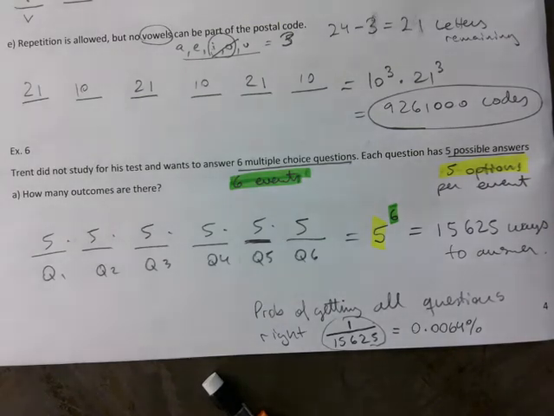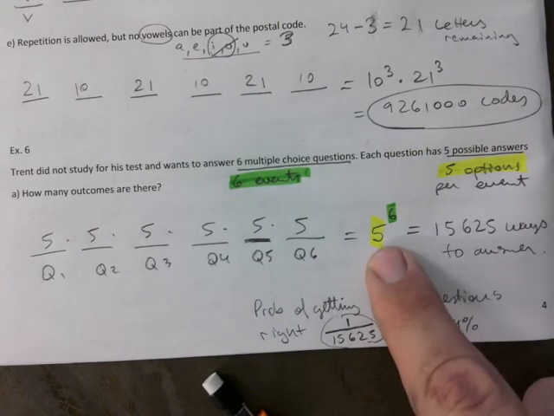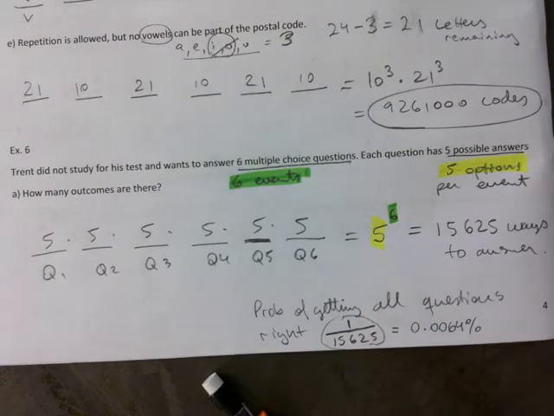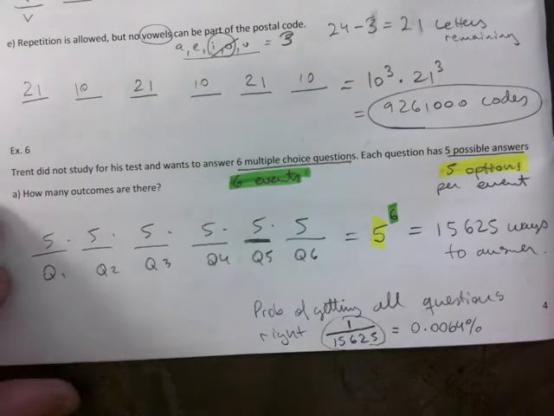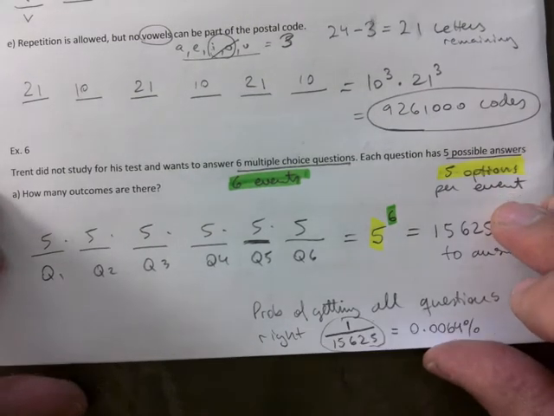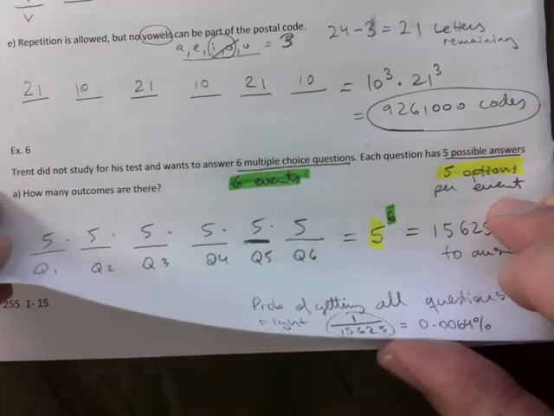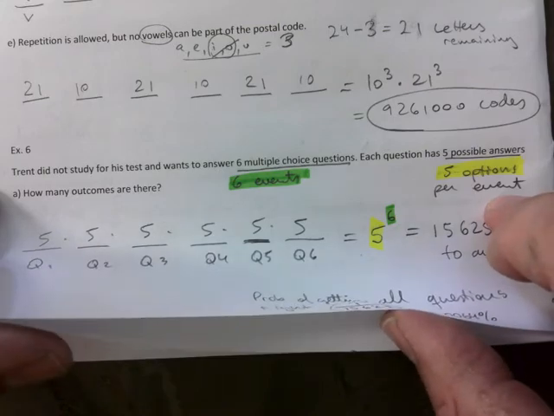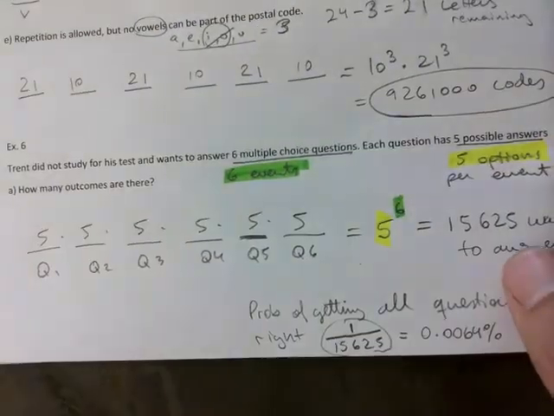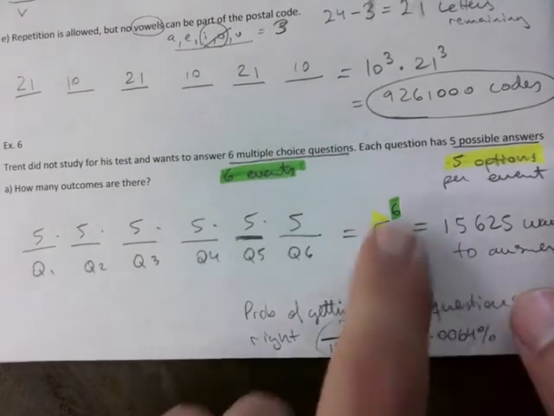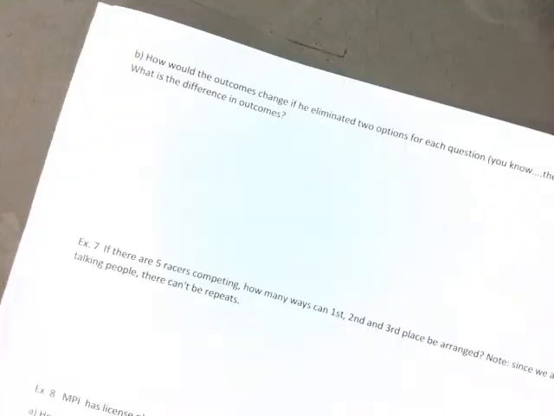The 5 would be my options. This goes right back to the lock combination, right? 10 to the power of 3 because you have 10 options and 3 slots to fill in, right? Let's go here.